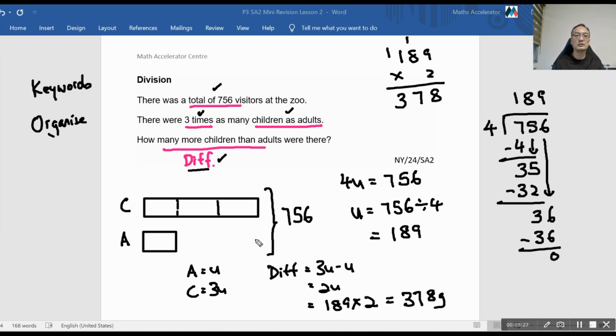After we draw the model, we will be able to see that there are 4 units that is equal to 756. After that, we carry out the steps in order to help us get the answer. Based on this, we're able to find 1 unit is equal to 189, and the difference between the adults and the children is 2 units. And after we take 189 times 2, we arrive at 378. So this is division.